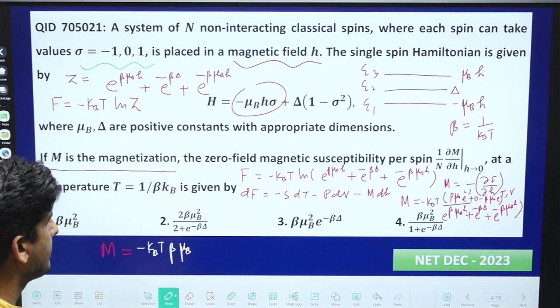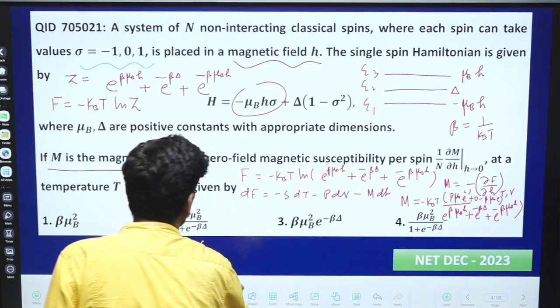It is common. Just open the exponentials.